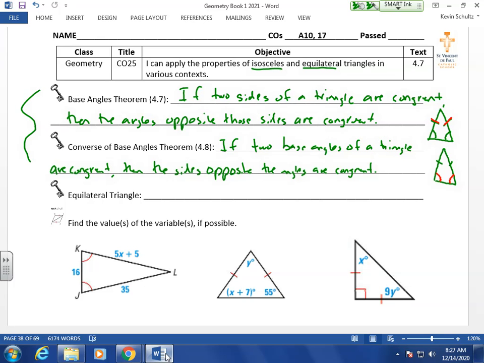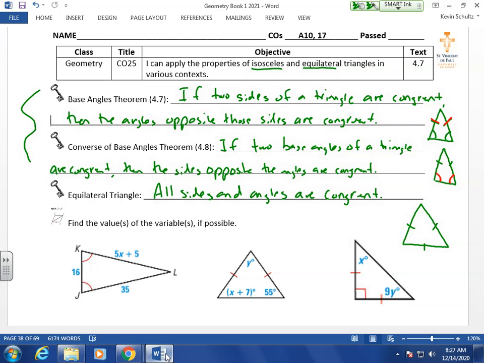An equilateral triangle: all sides and angles are congruent. Okay? All sides, all angles are congruent. In an equilateral triangle, I'll do my best to draw one accurately here. It's not too shabby. In an equilateral triangle, we have the three sides are congruent, and the three angles are congruent as well.